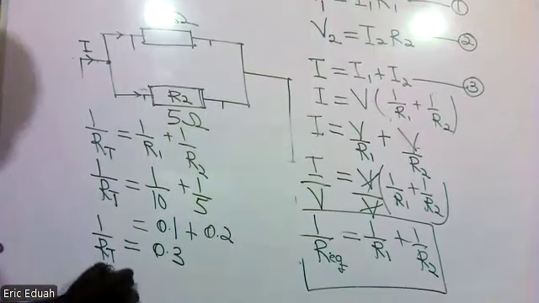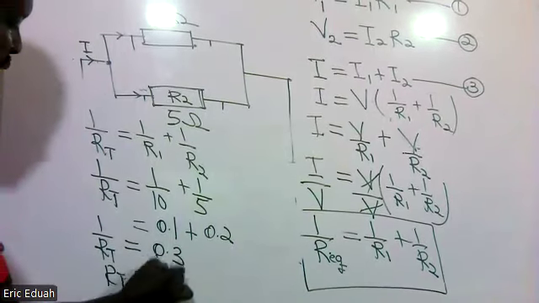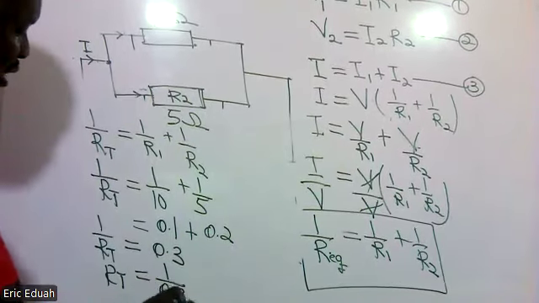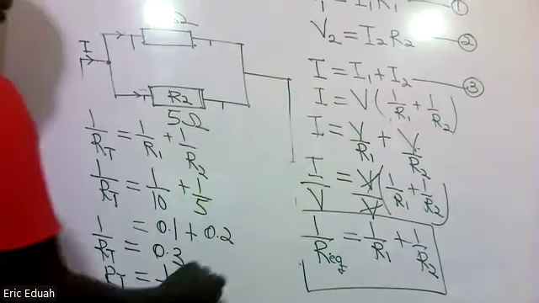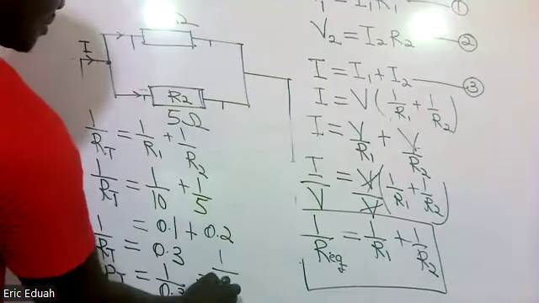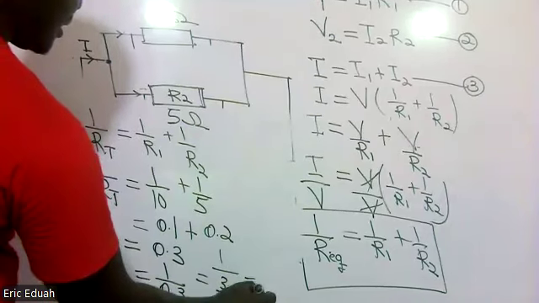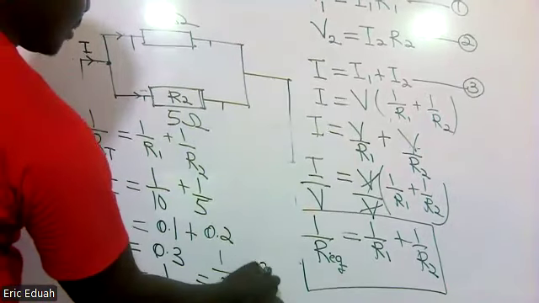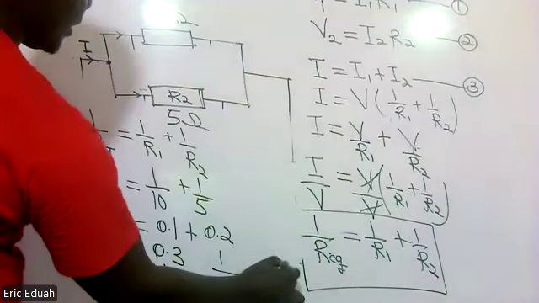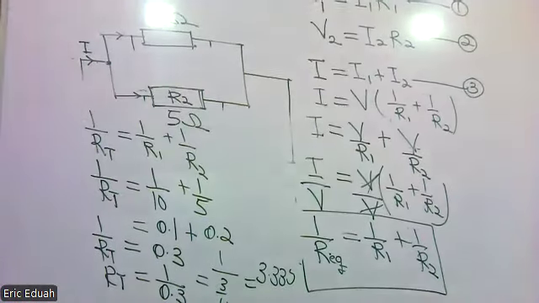Therefore, RT will be equal to 1 divided by 0.3. And what is 1 divided by 0.3? This is 3.333 ohm.